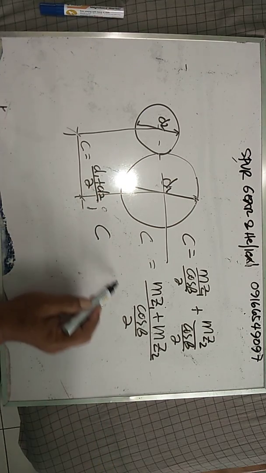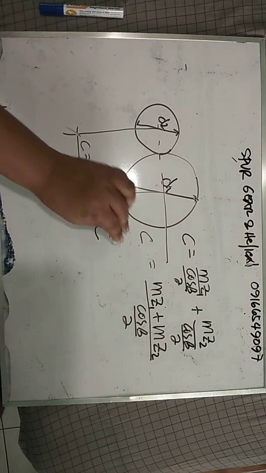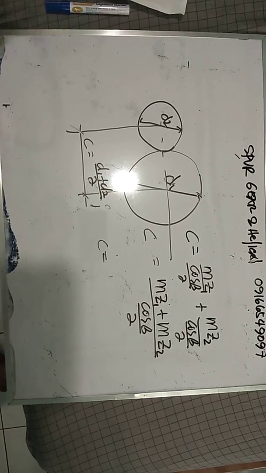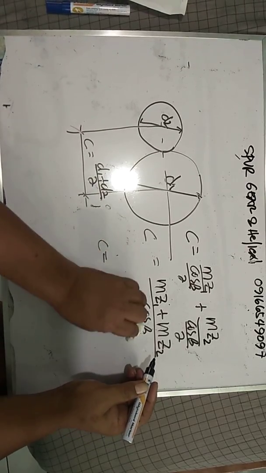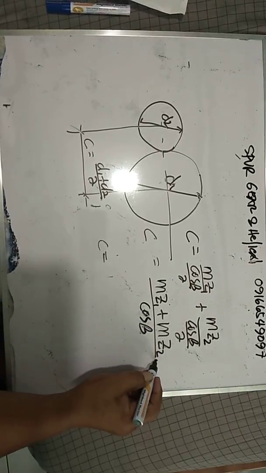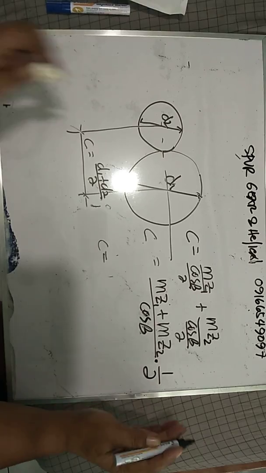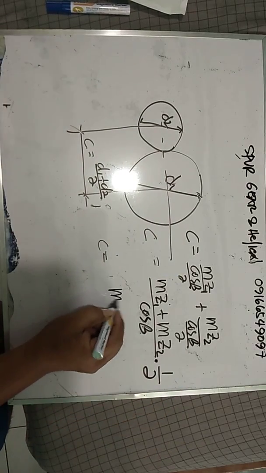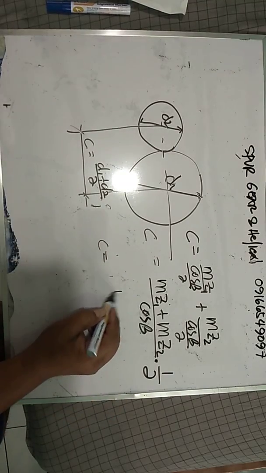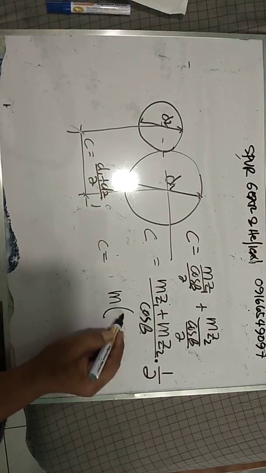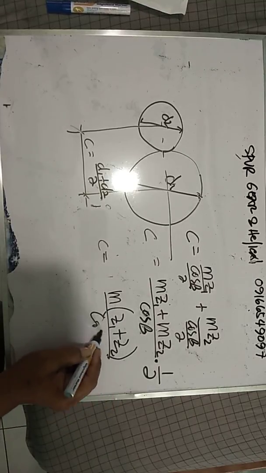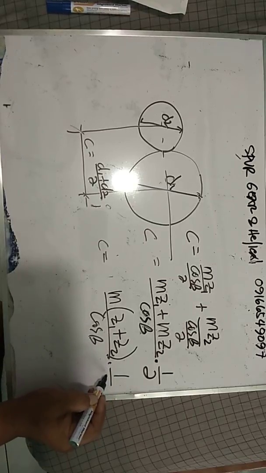So we have this one, C, or we can write this one as cosine beta times 1/2. We factor out m, so we have m times Z1 plus Z2 over cosine beta times 1/2.